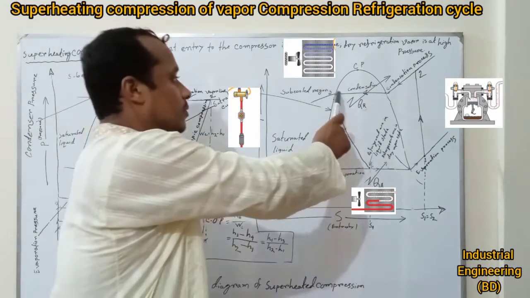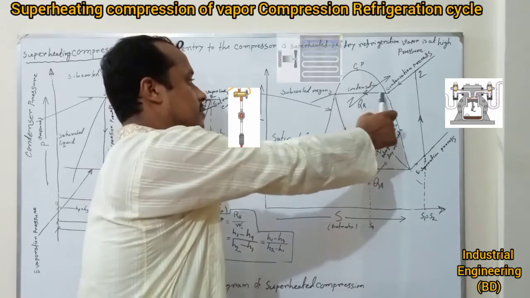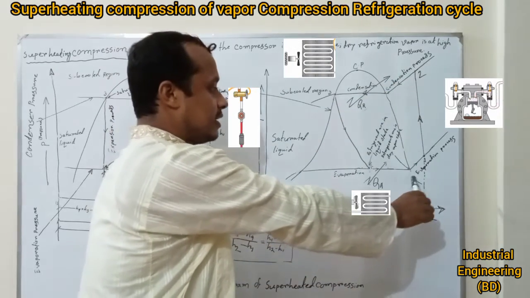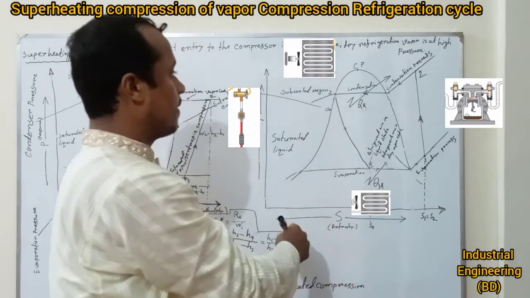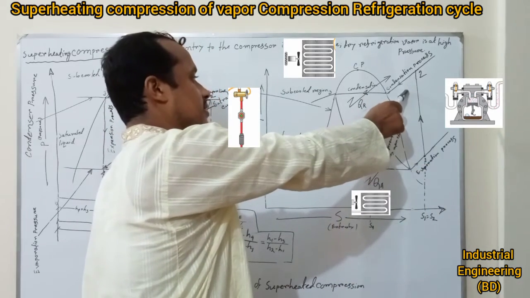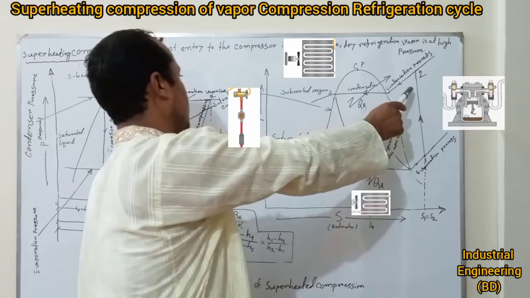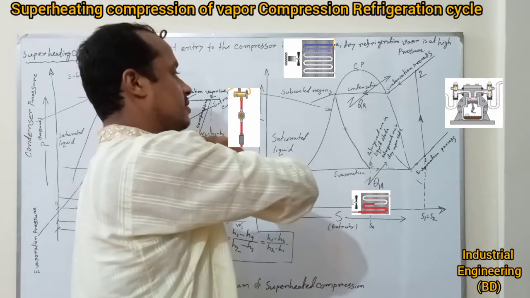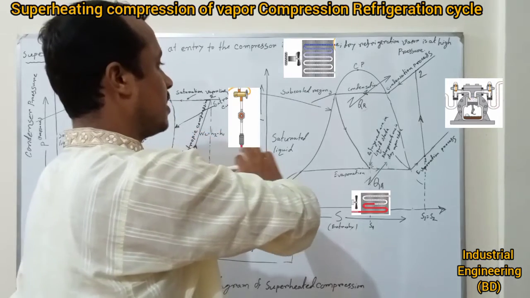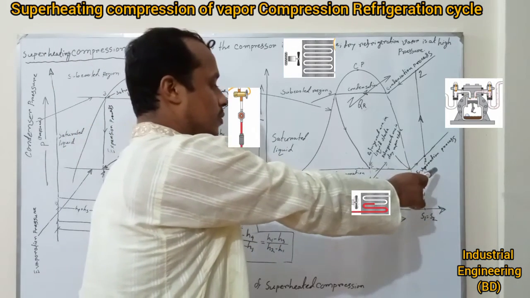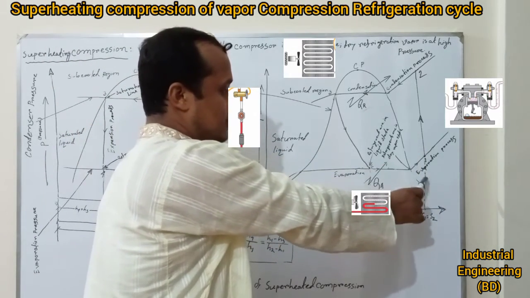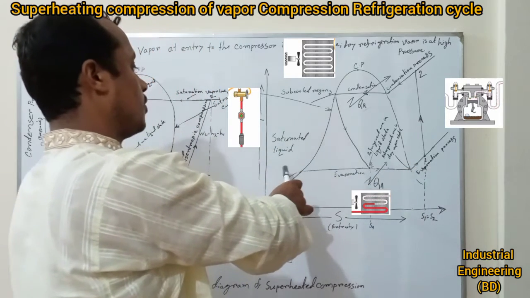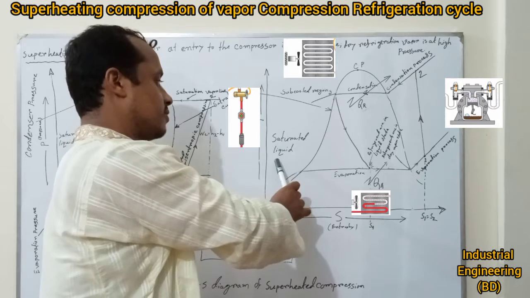I have drawn two lines. The top line is the condensation process and the bottom line is the evaporation process. Top right of this saturation curve is the vapor region, and top left is the subcooled region. Bottom right is the saturated vapor state, and bottom left is the saturated liquid state.